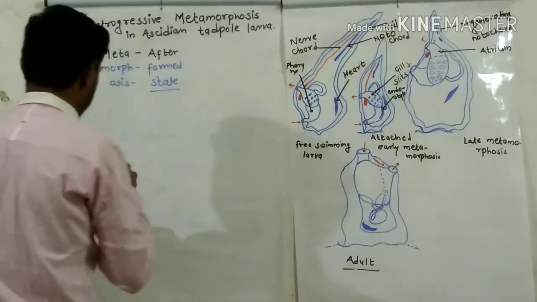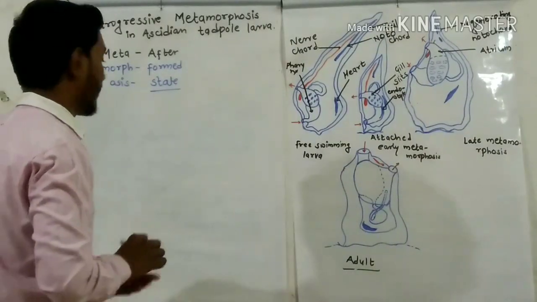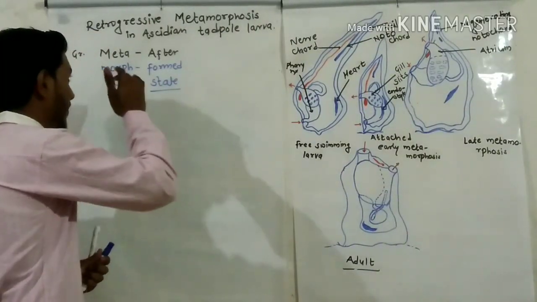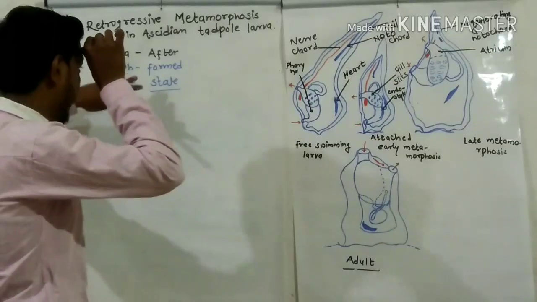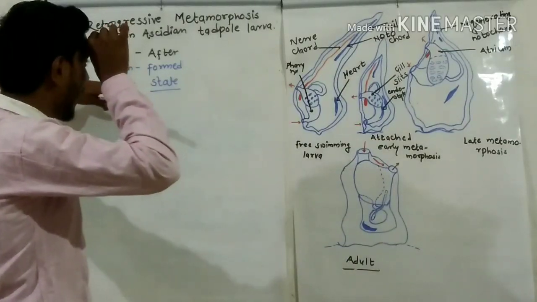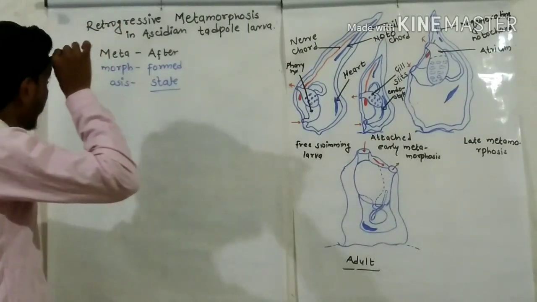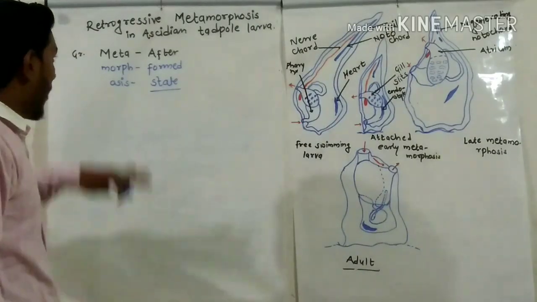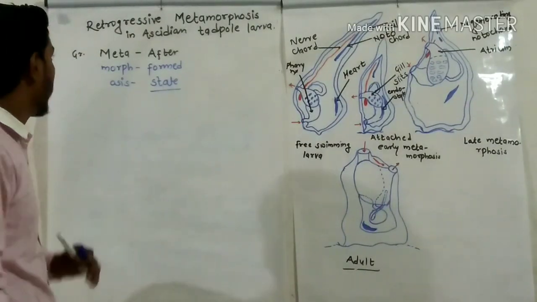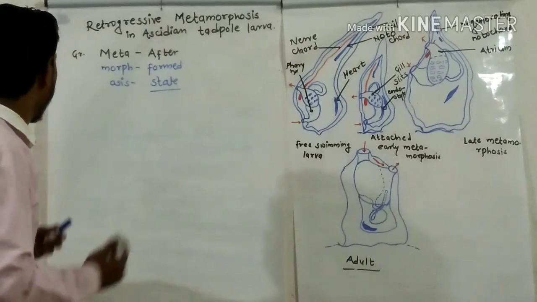So the complete meaning of metamorphosis, split, is: meta means after, morph means formed, and osis means state. Now we will see the definition of the retrogressive metamorphosis.